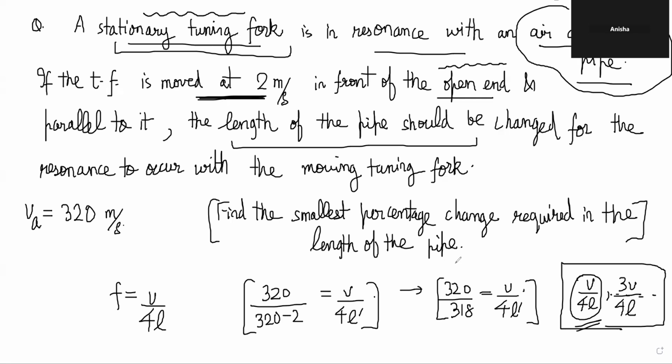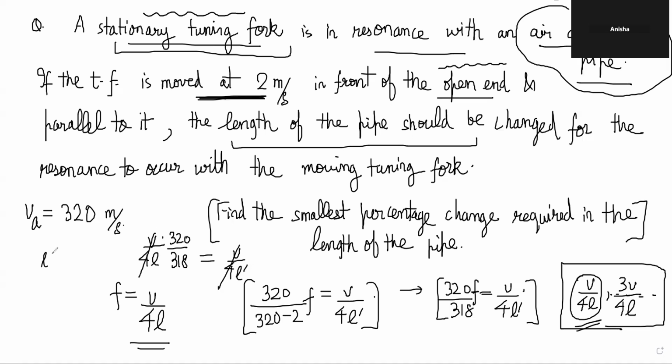And earlier we had something, right? So V by 4L was equal to the F. This is multiplied by F, by the way. I forgot to put that. F was this, so we can get a ratio of L dash by L now. V by 4L times 320 by 318 is equal to V by 4L dash.